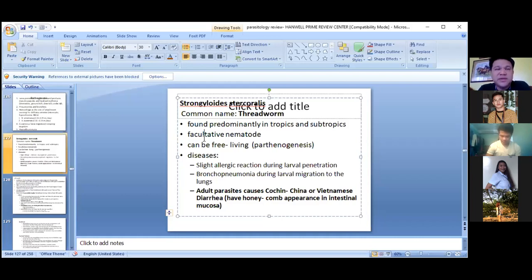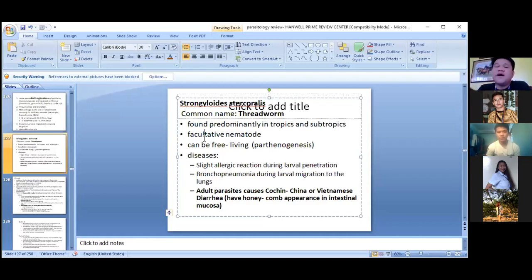Dracunculus medinensis, we gave it Medina worm as a common name, no? Trichinella spiralis, we give it trichina worm or rubbish worm or garbage worm so as not to create confusion. But remember, in terms of description, they are very long parasites. They are all considered to be threadworms.